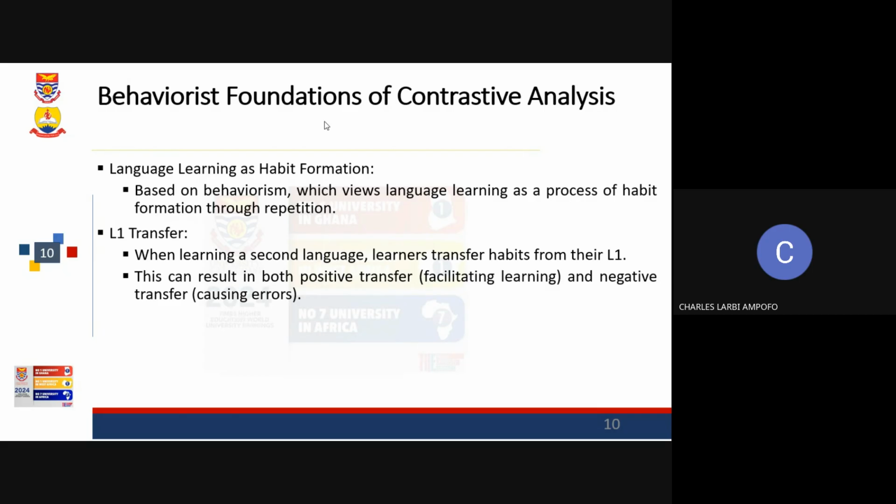They believe that when we talk of learning, we can view learning as habit formation, something that you form over time. So what is their role here? Based on behaviorism, which views language learning as a process of habit formation through repetition, to learn a language, they think it is a habit that you are forming through repetition.